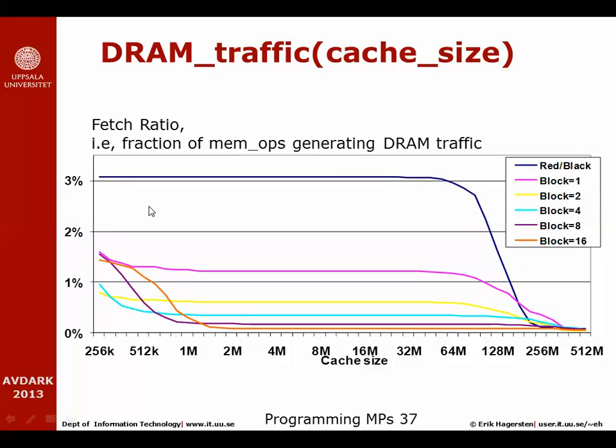And we can see on this graph here that shows how much DRAM traffic it generates. So this is the DRAM traffic. It says how large fraction of memory operations will miss in the cache as a function of cache size. So what you can see here is the red-black is the top one. It has 3% fetch ratio, so this corresponds to bandwidth needs.